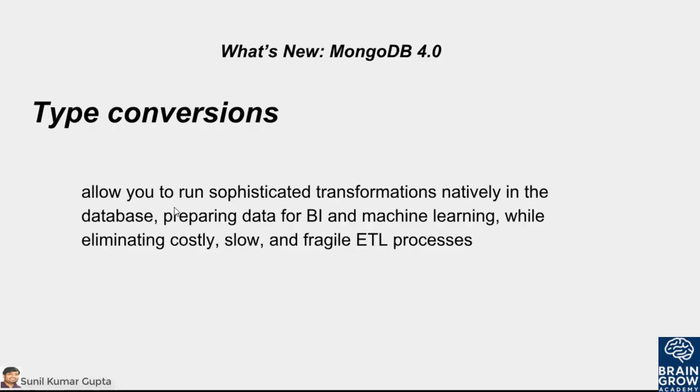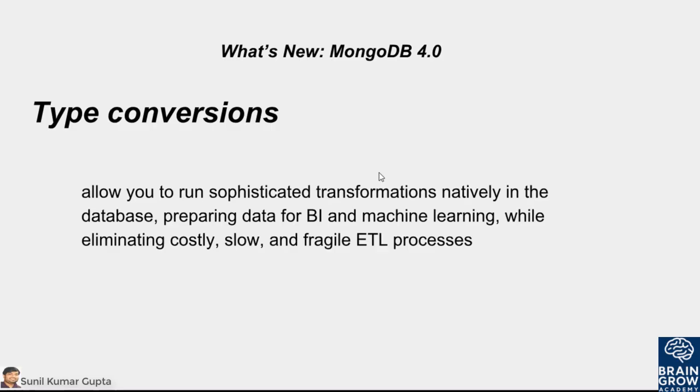So what does it mean? It means that now with the type conversion support in MongoDB 4.0, you can perform sophisticated transformation right inside your database. You need not migrate your data from one database to another database, or from your database to another tool to prepare your data for BI or machine learning things.